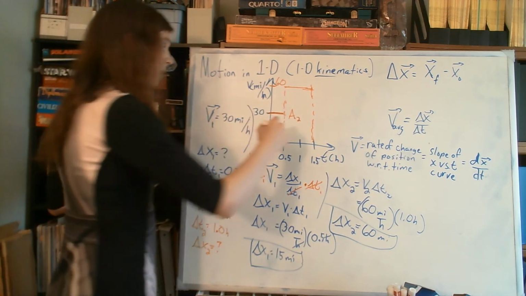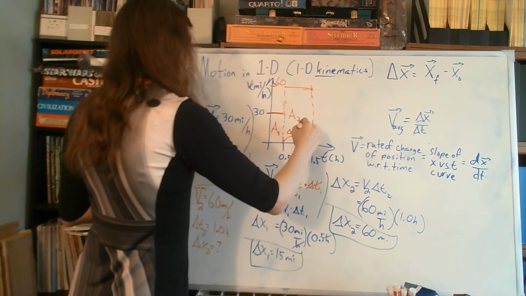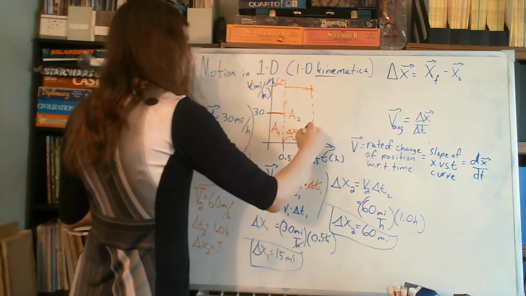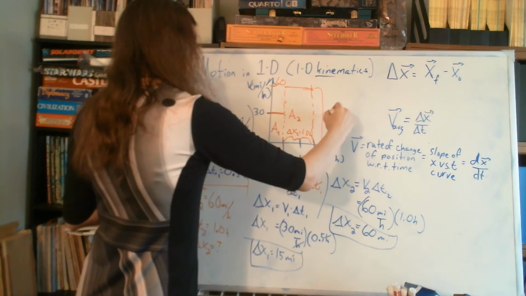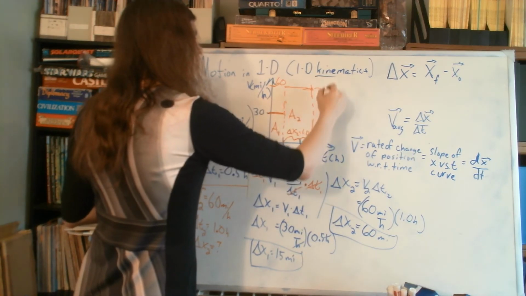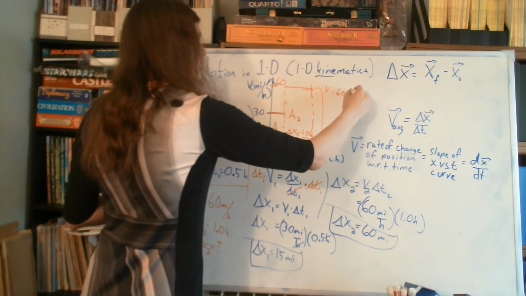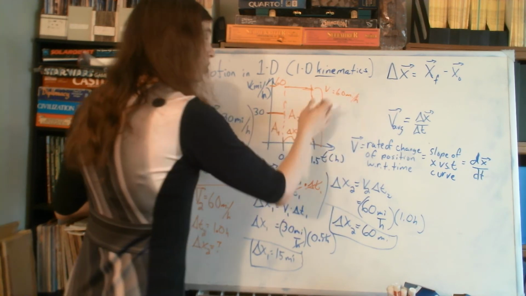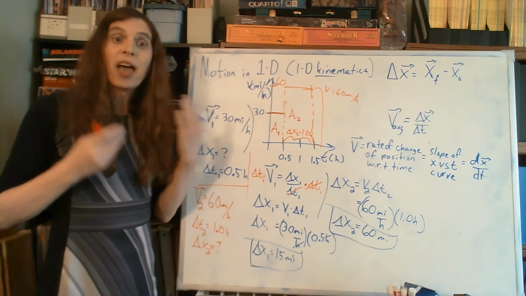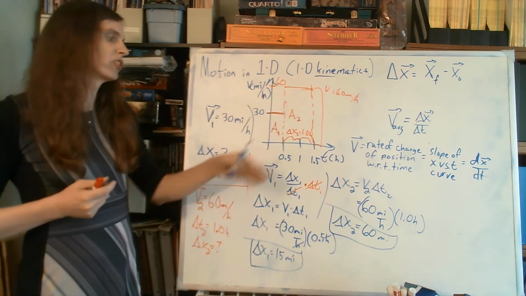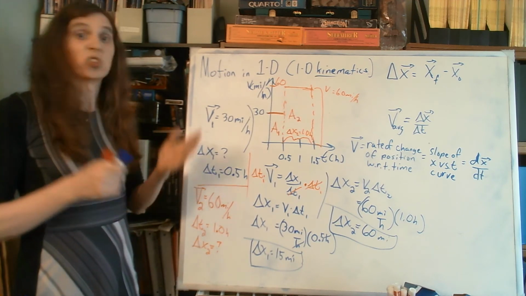Well, the width here is still 1 hour, and our velocity is 60 miles per hour. So when we multiply the two of them together, it's the same math as before, and the area underneath that box was that displacement. So we see a pattern.